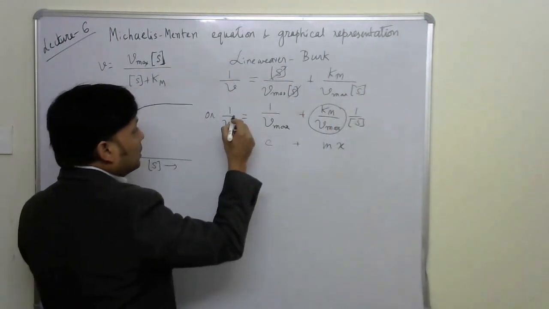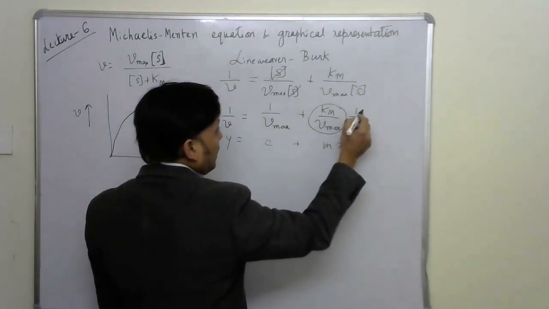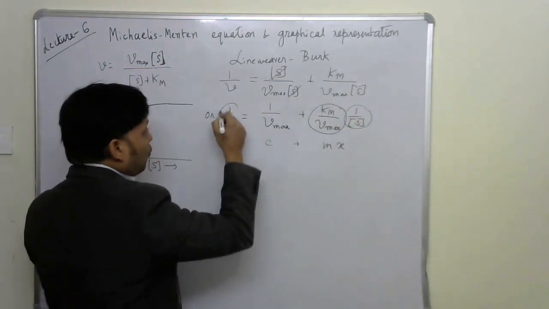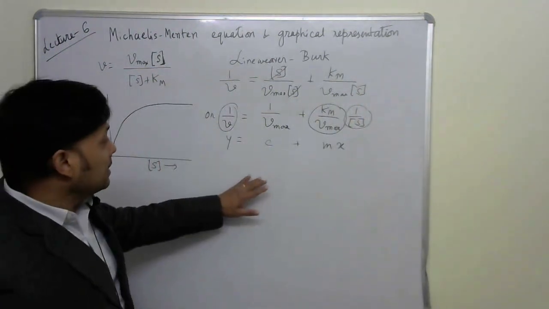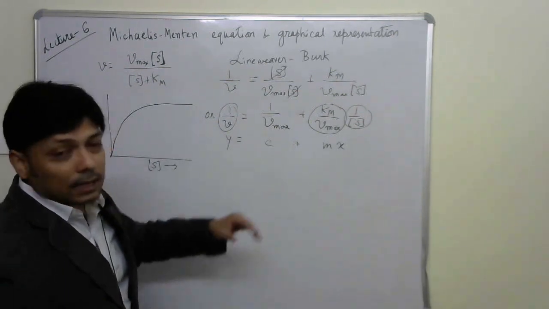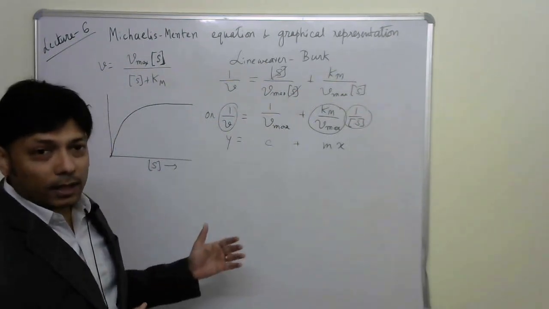If we plot 1 over S on the x-axis and 1 over V on the y-axis, we get 1 over Vmax at the intercept on the y-axis.